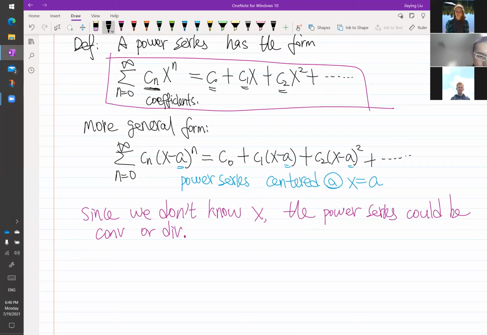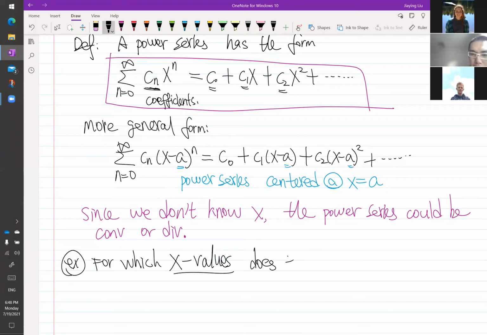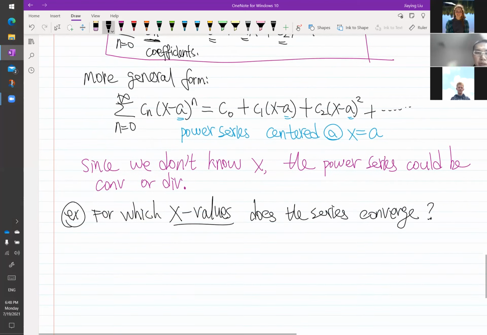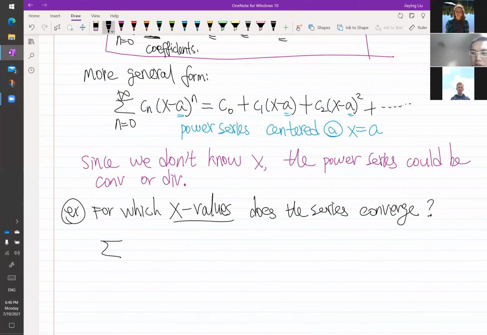And here's a couple examples. So the question is, for which x values does the series converge? We're looking for x values here. So the series given is a power series.